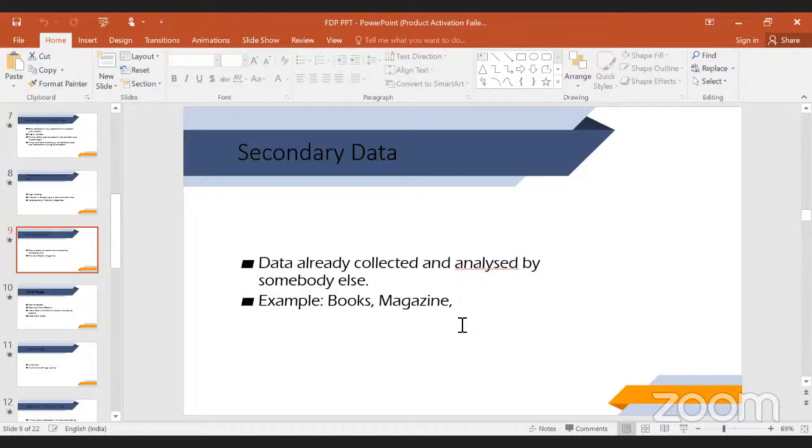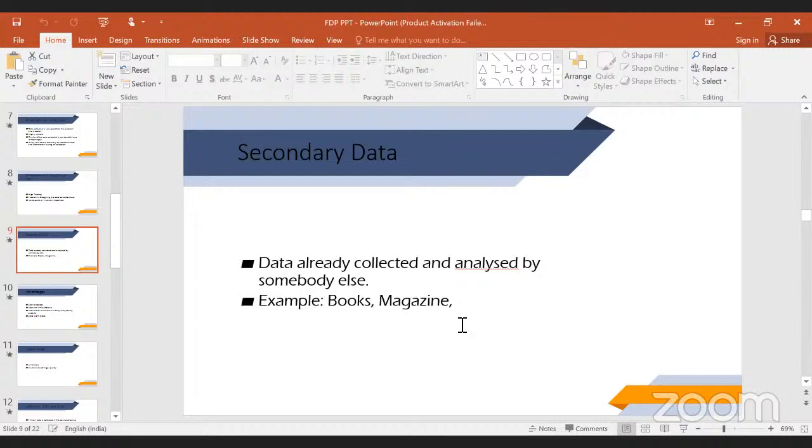One day you came across an article about the impact of COVID-19 on higher education. You can simply refer to that article in your research, or on the same line find different articles, notes, and commentaries in books, journals, or on websites relating to the impact of COVID-19 on education. That will be your secondary data.